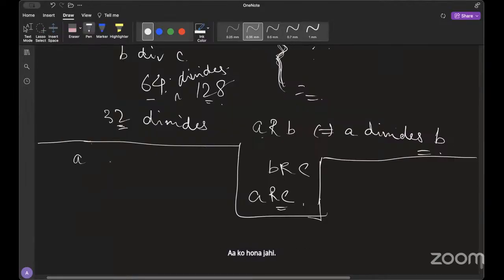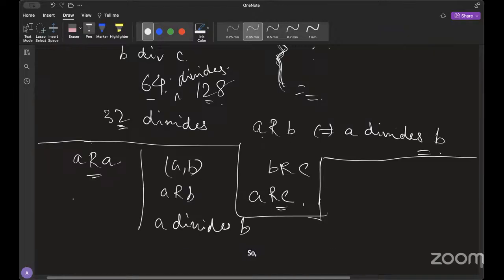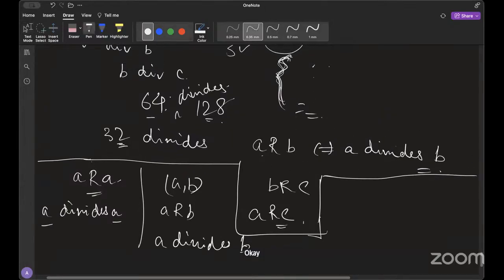You define it as: A is related to A. That A should be related to A. And the relation here is, we say that A is related to B if A divides B, right? So A is related to A if A divides A. That's what you have to check. Doesn't every number divide itself? That's why A is in the relation. It's fine now?